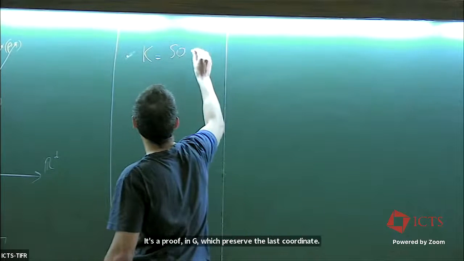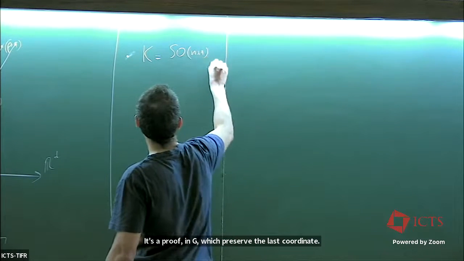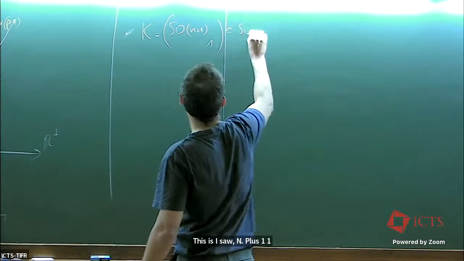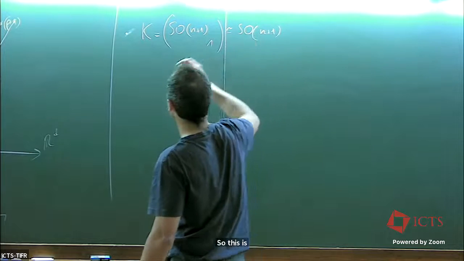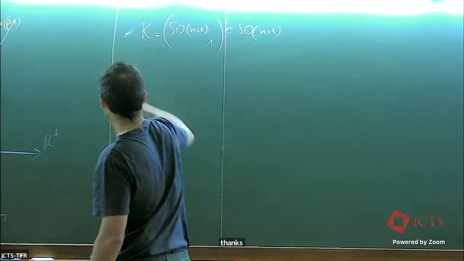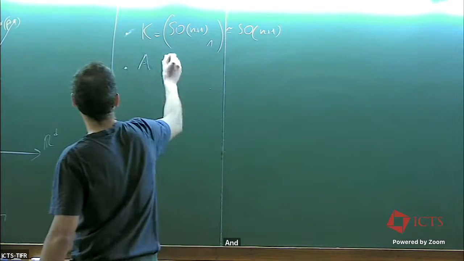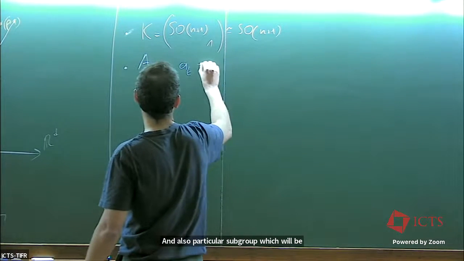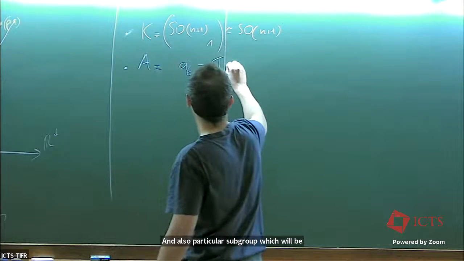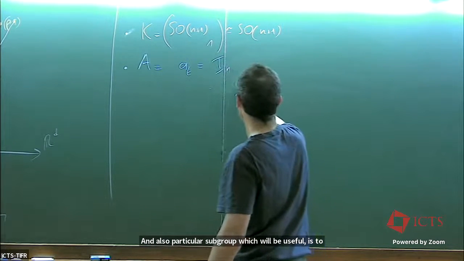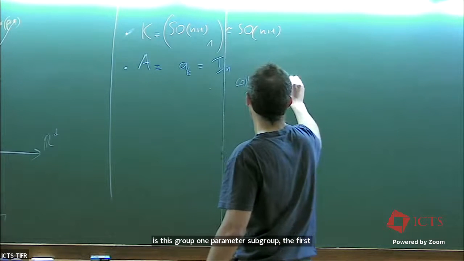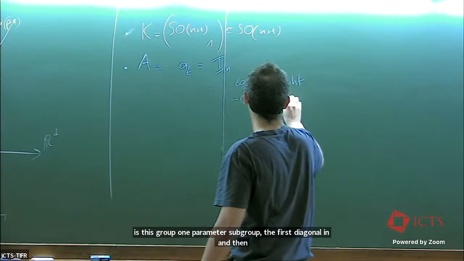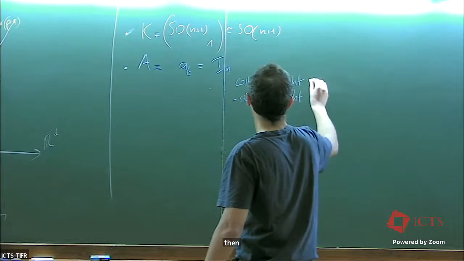This is SO(n+1), and also a particular subgroup which will be useful is this one-parameter subgroup: the identity E_n, and then cosh t, minus sinh t, minus sinh t, cosh t.